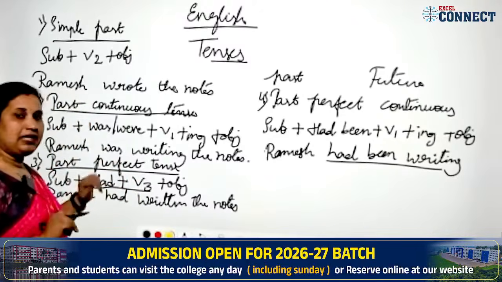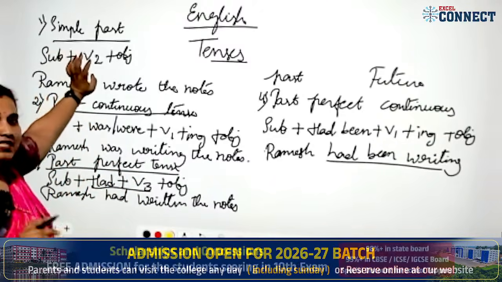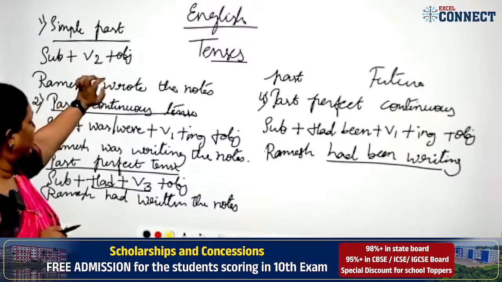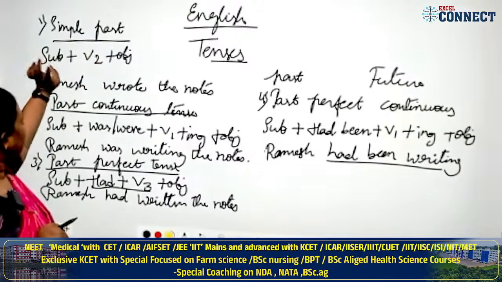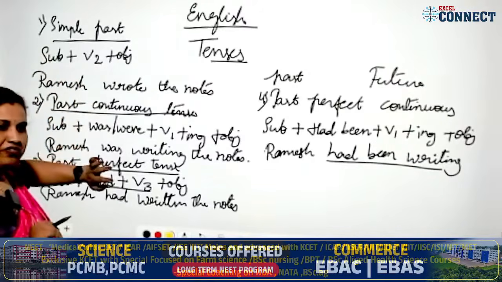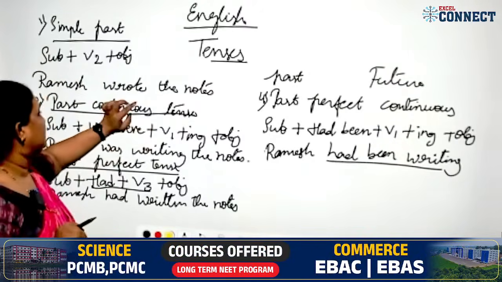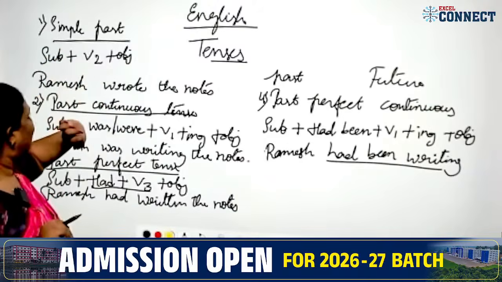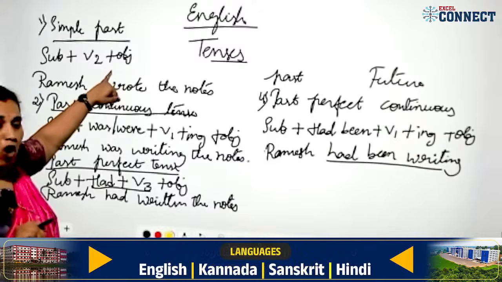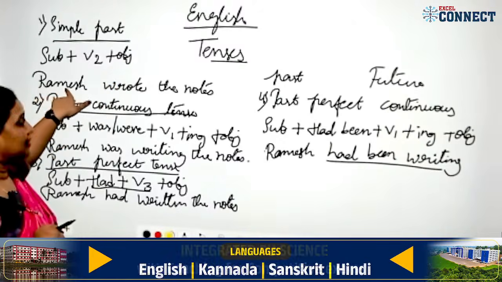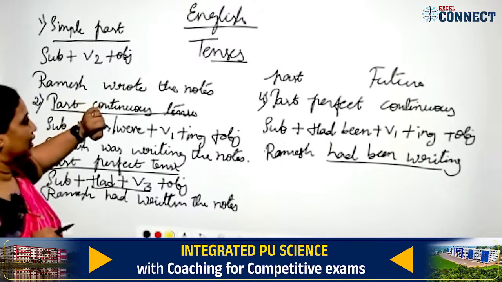This is what the past tense is, the action which has already happened, and this past tense is divided into four: simple past, past continuous, past perfect and past perfect continuous tense. So in the simple past, how to frame a sentence? Subject plus V2 plus object. And the example, Ramesh wrote the notes.